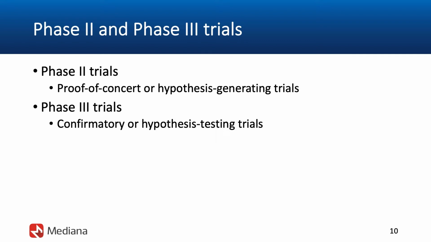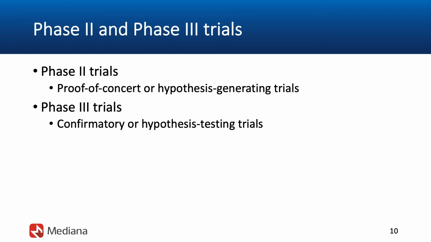The key difference here is that we apply hypothesis generating or signal seeking approaches in proof of concept trials, and in confirmatory trials, we adopt a hypothesis testing framework, which means that hypotheses that were formulated in proof of concept trials will be then tested in the corresponding confirmatory trial or multiple confirmatory trials, and which means that proof of concept trials are about exploring, describing, characterizing treatment effects, and confirmatory trials, by contrast, have fairly narrowly defined objectives, which is to test the predefined hypothesis.